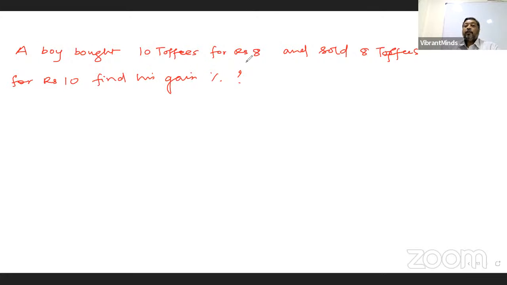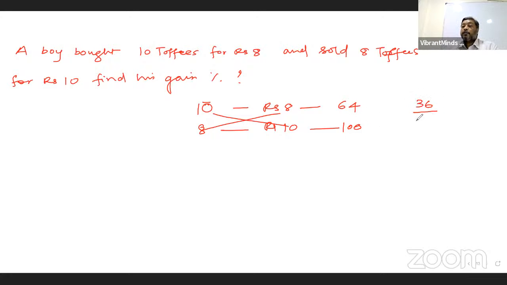See, again, ten toffees for rupees 8, 8 toffees for rupees 10. Cross multiply. 64. So he is getting a profit of 36 upon 64 into 100. Go ahead.